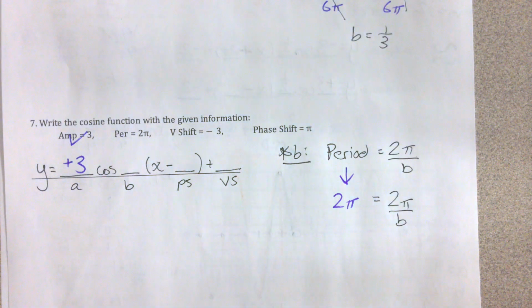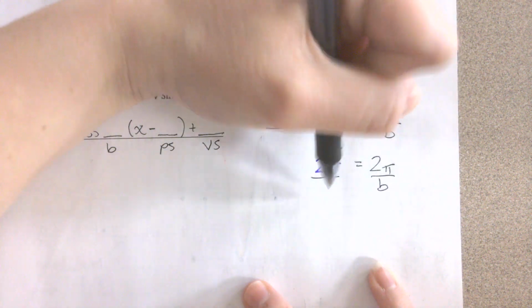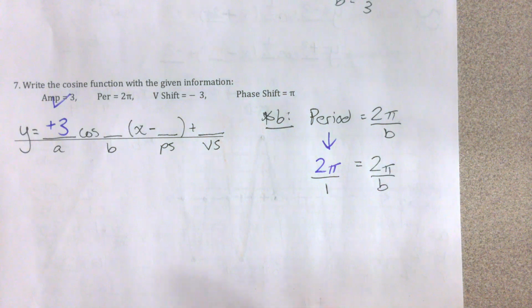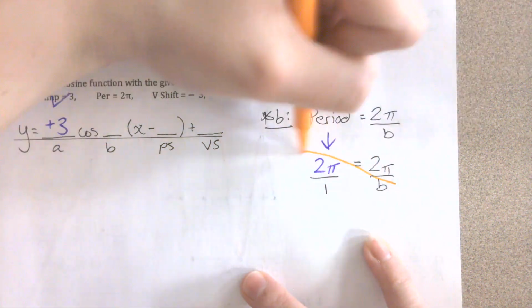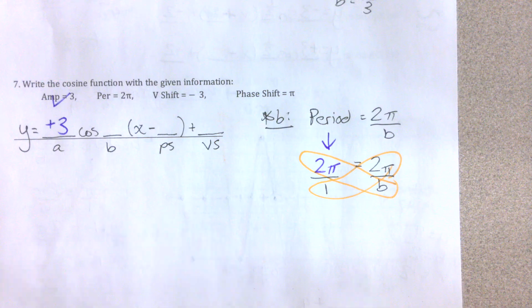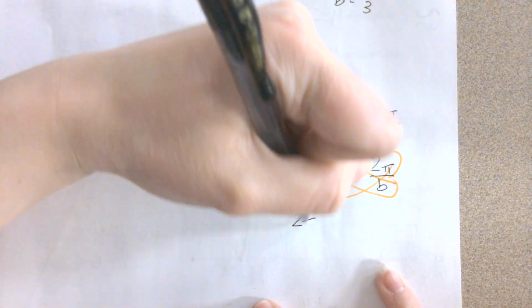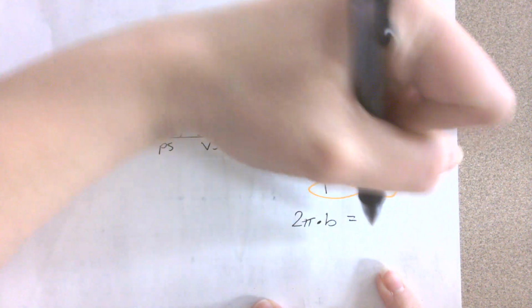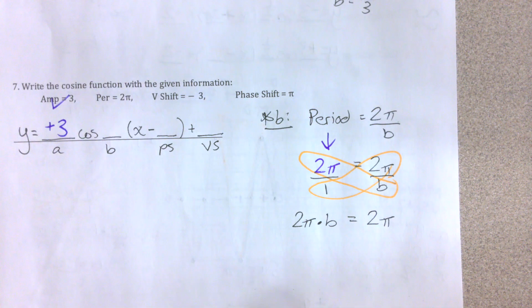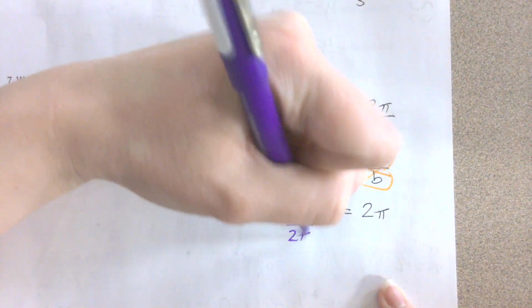Again, just by looking at it, I'm sure several of you know what it already is, but if not, we're going to keep solving. Drop a 1 under there and cross multiply. This is 2 pi times B equals just 2 pi. Divide off the 2 pi on both sides.